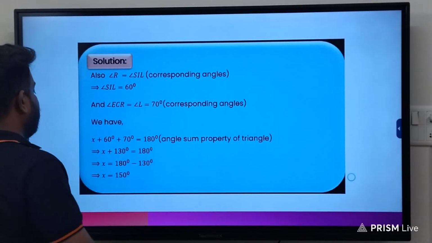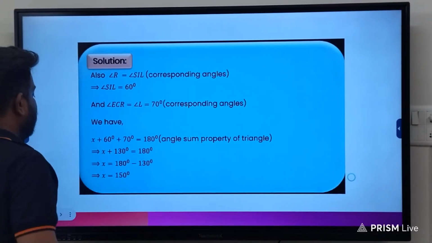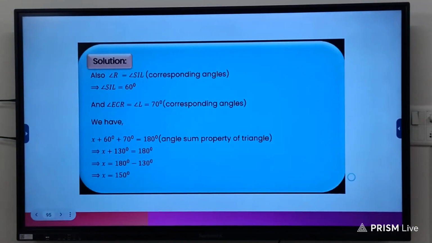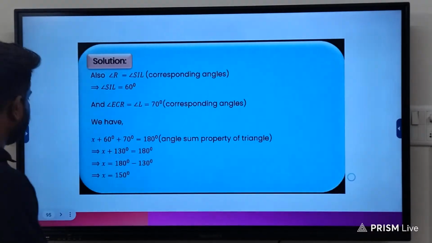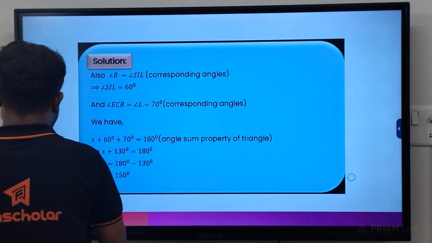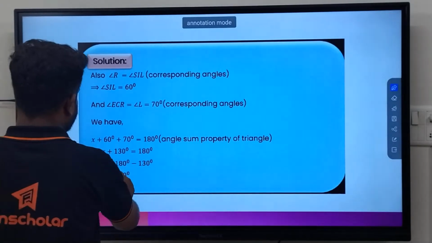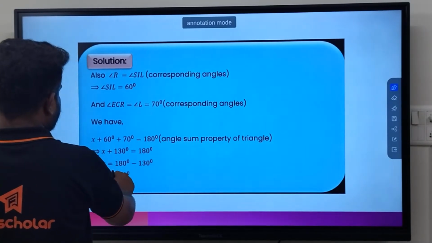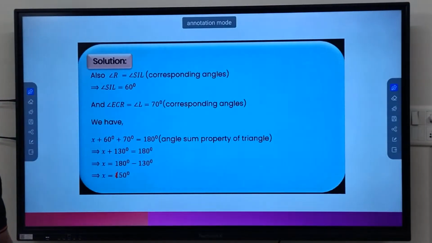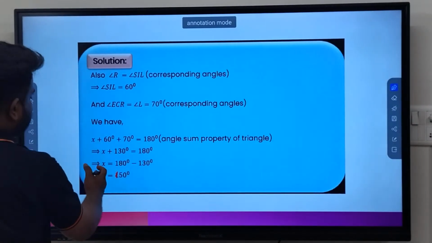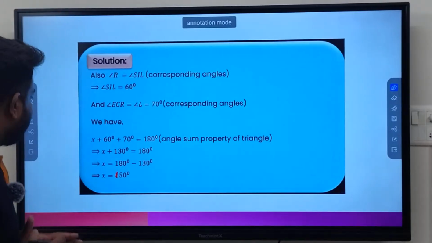It will be 60 plus 70 minus 50. Oh yes, they have made a mistake. It will be, yes, it will be 50 degrees. It won't be 150 because 180 minus 130 is 50. So they made a mistake. I didn't. Okay, right?